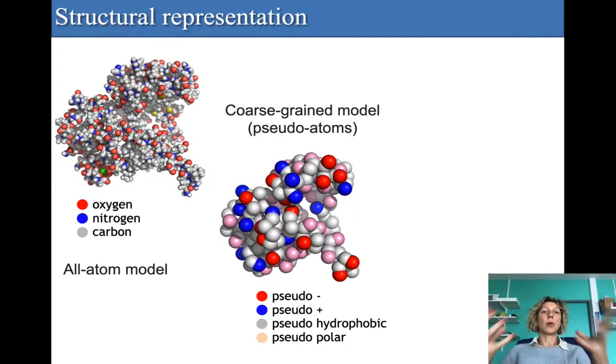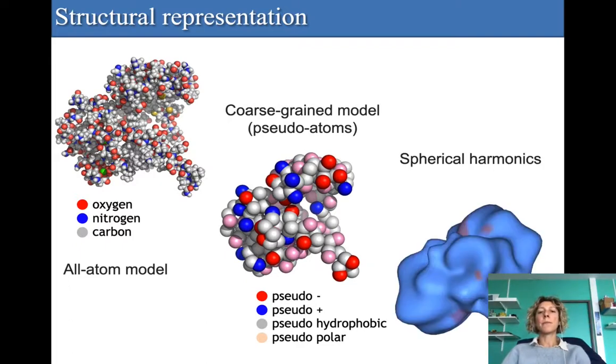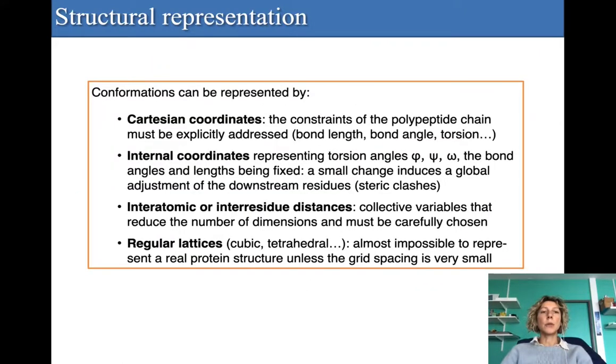Then we may go for a coarse grain model where we have just merged some atoms into pseudo-atoms that should keep some physicochemical properties of the initial atoms. Or we can go for something even more rough, more simplified with spherical harmonics, where we just have a shape which can be colored.